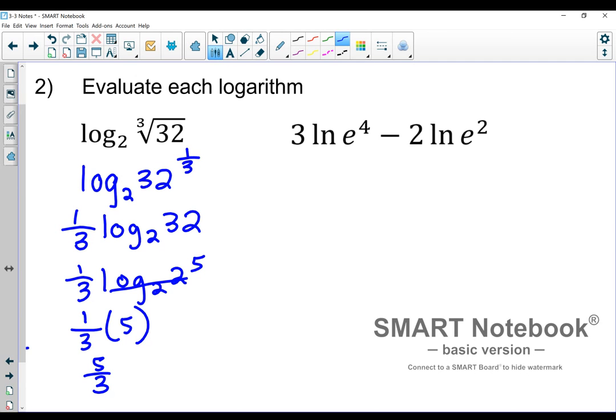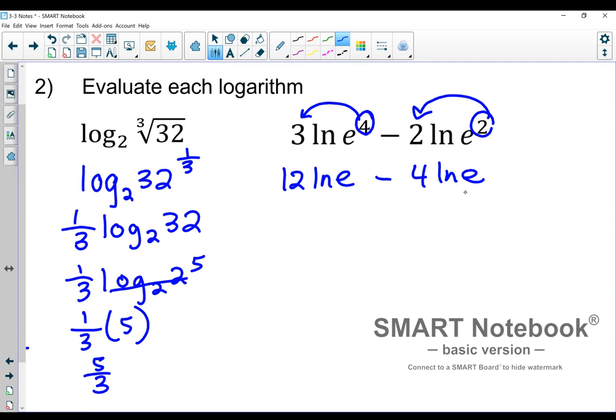So there is definitely more than one way to evaluate this. This is just to show us a new way and get us kind of thinking about how these log properties work. On the next one, I can take both of these exponents and then multiply them in front with the coefficients. Since there was already a 3 there, the 3 times 4 would make a 12 times the natural log of e minus 4 times the natural log of e.